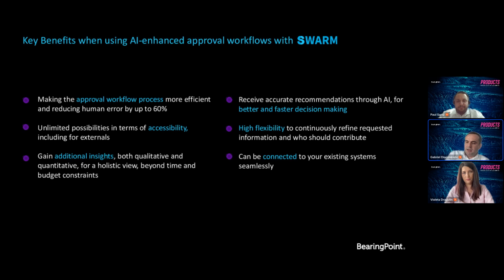In our calculations, and also in the feedback from existing usage, we managed to make the process more efficient by 60%. What does that mean? It means that if a process usually lasted 2 weeks for whatever reasons, then it's in the range of 3 to 4 days that it gets accomplished.